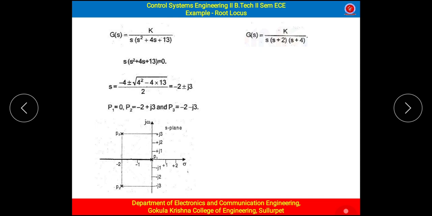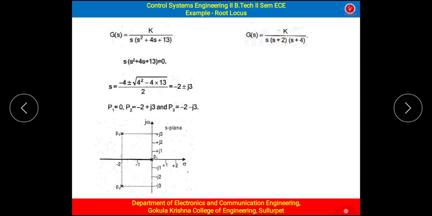And we can see that these poles are located in S plane. Okay, the first pole at s is equal to 0, the second pole at s is equal to minus 2 plus j3, and third pole at minus 2 minus j3. Okay, the second two poles are complex conjugates.